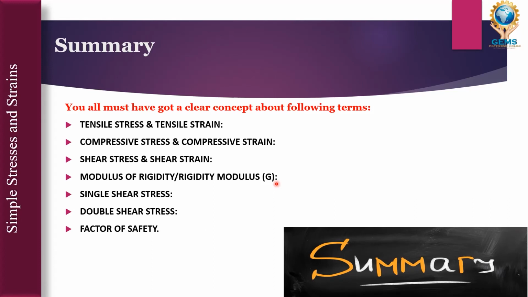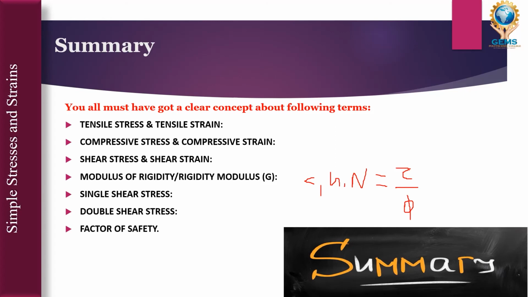Mathematically, C, G or N is equal to tau divided by phi. It is known as modulus of rigidity or rigidity modulus.